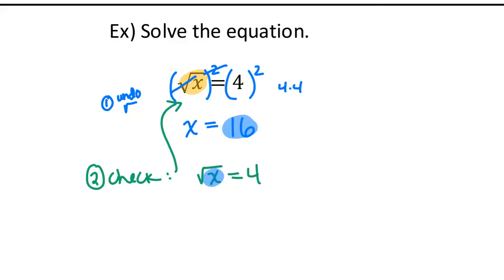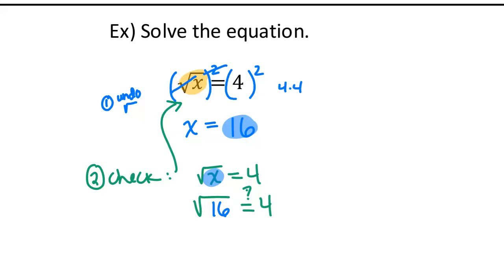Then I have the square root of 16, and I'm checking to see if that equals 4.